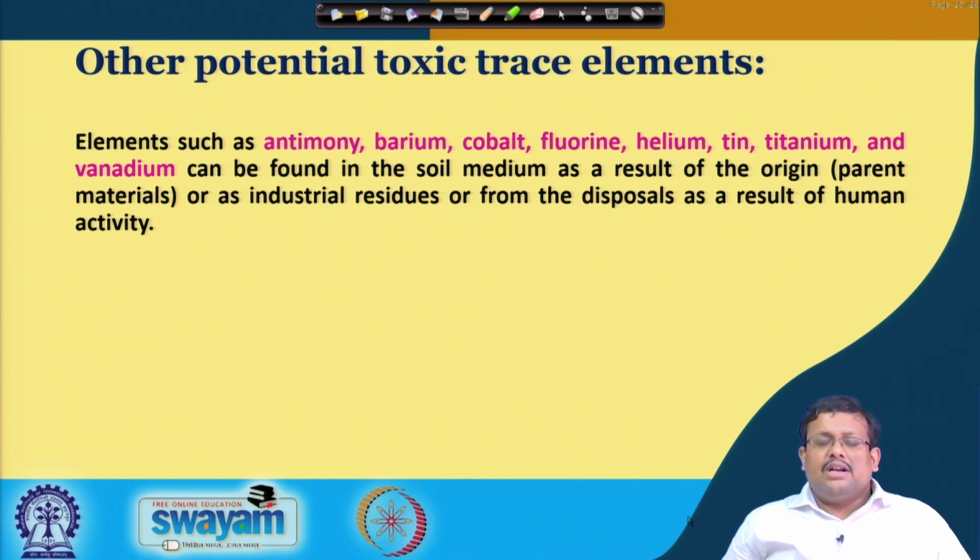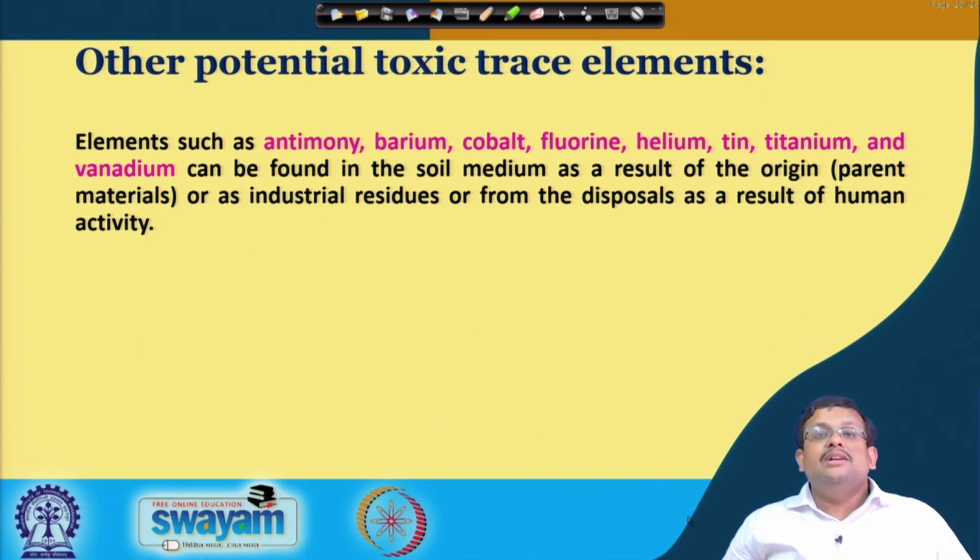So, we have discussed a lot of important potential toxic trace elements, starting from arsenic, then mercury, cadmium, lead, zinc, selenium, then copper, and so on.